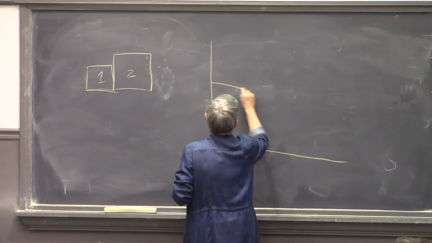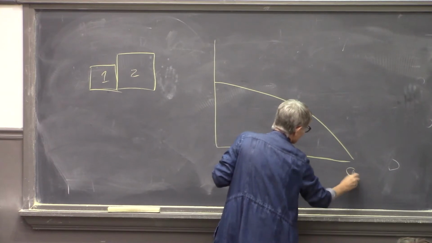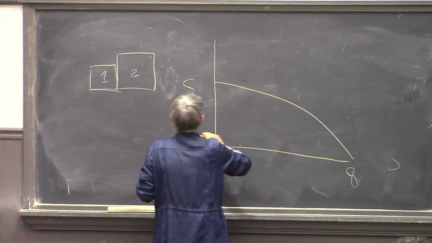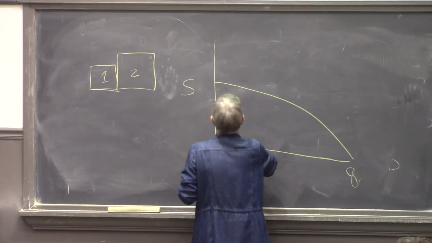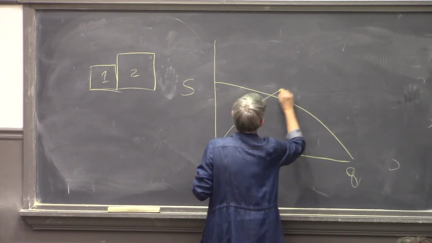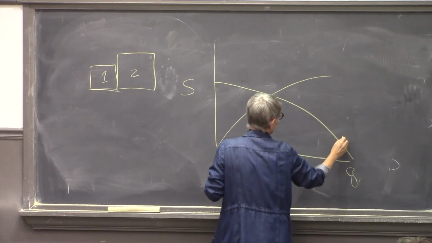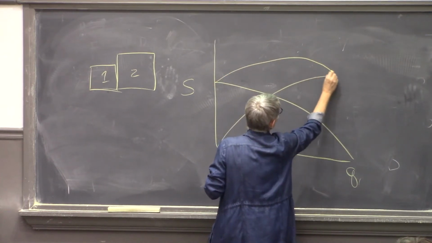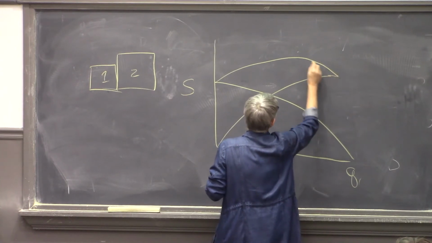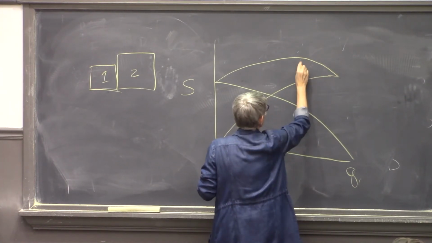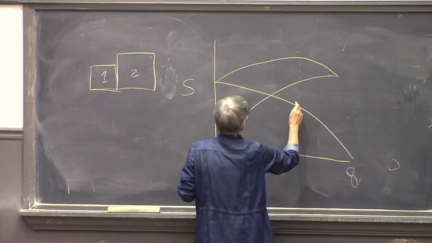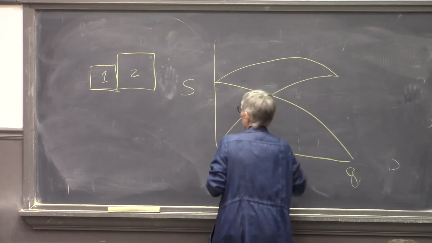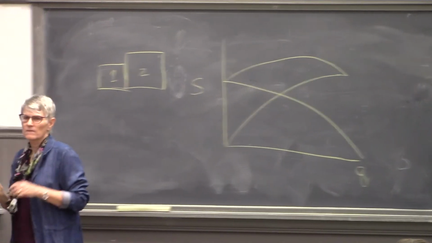So this is Q1, this is entropy. And so at about 63% or something here, we have maximum entropy.